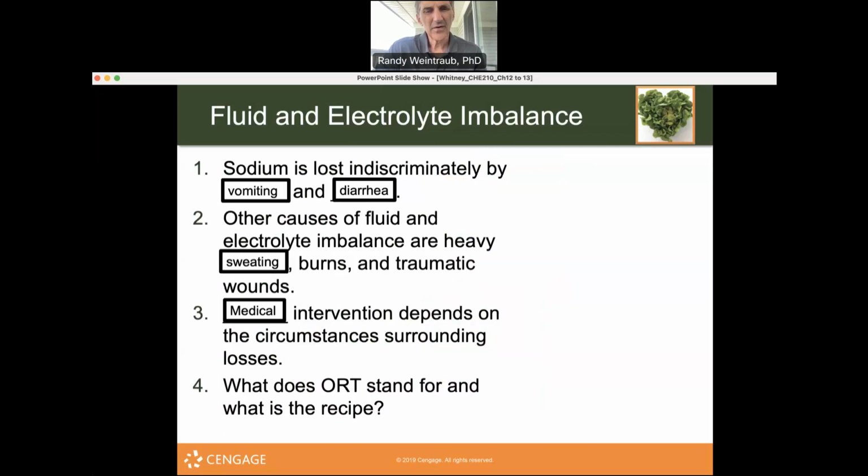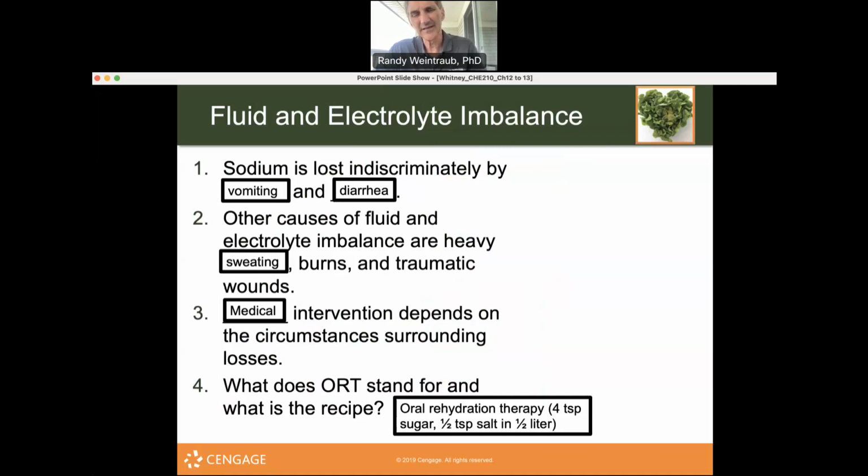What does ORT stand for? We should kind of recall that. That's oral rehydration therapy. And here's a general recipe for what that would be: about 4 teaspoons of sugar and a half teaspoon of salt in half a liter of water, and that is about 2 cups.